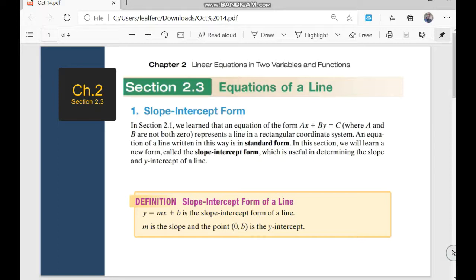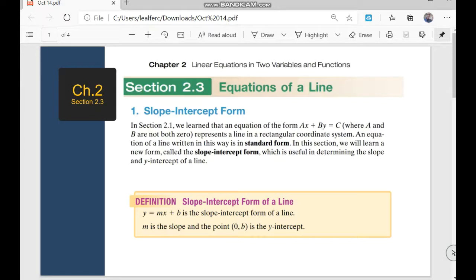Today we're going to talk about the slope-intercept form again, because we studied a little bit about it, but what I want to show is more of a curiosity about slope-intercept form.